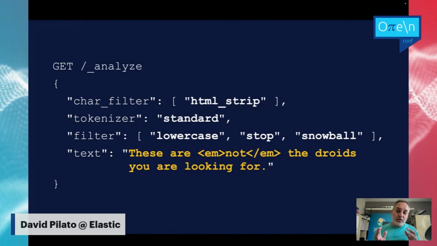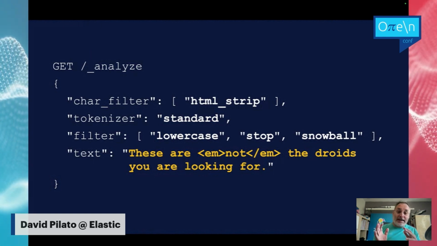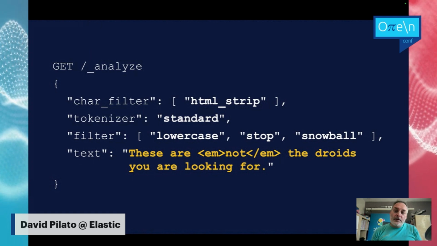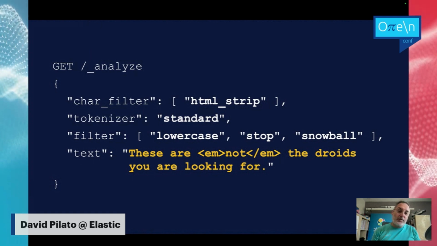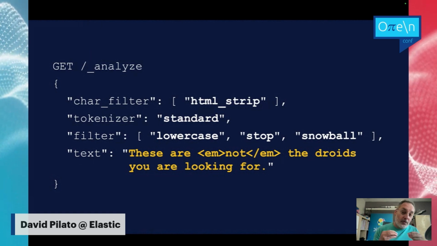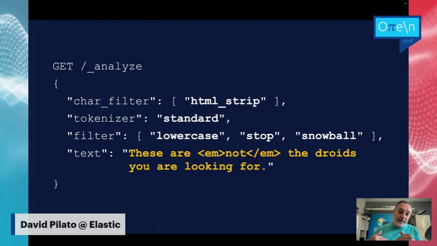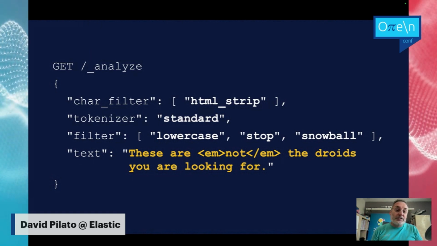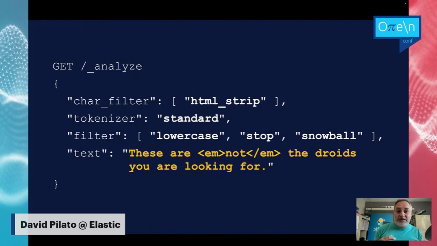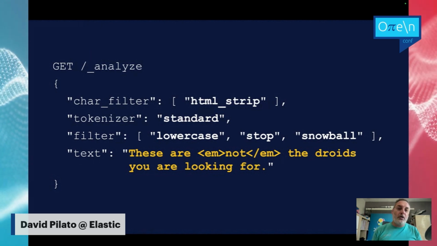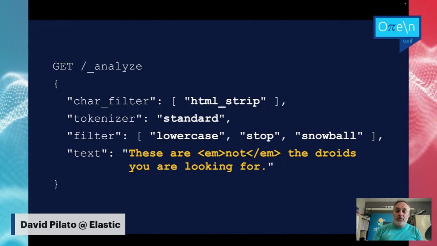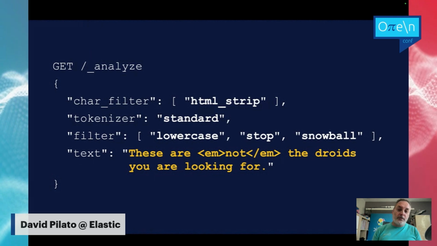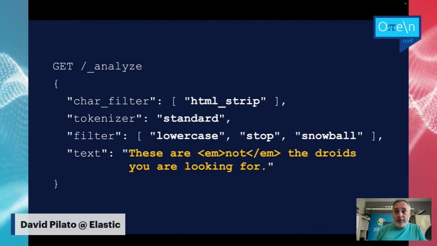It also tokenizes the content, which means splitting at the spaces. For every token we produce, we go through filters: the lowercase filter to lowercase everything, the stop filter to remove the standard words of a given language, English for example, and snowball to take the infinitive form of verbs or the radical form of words.